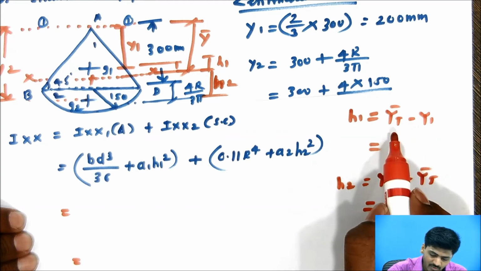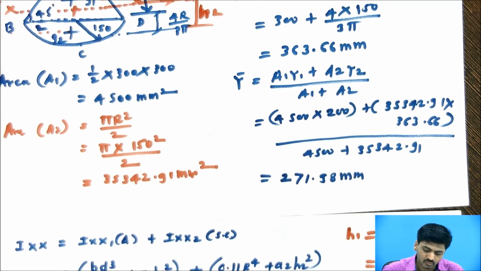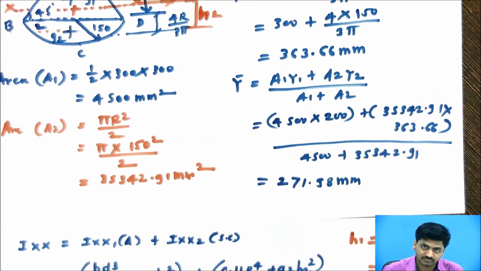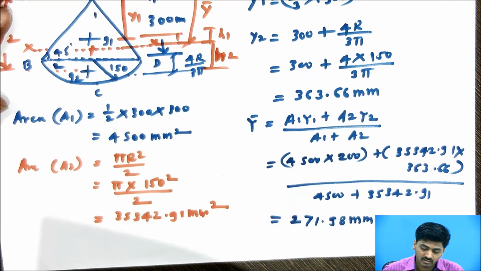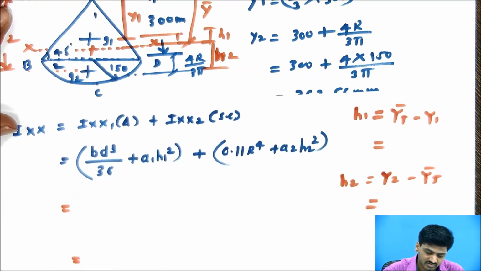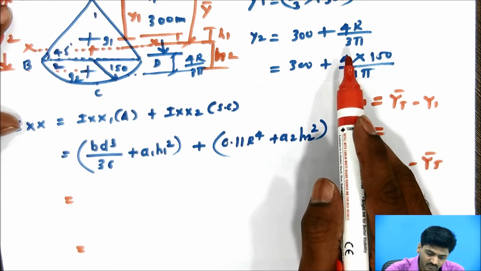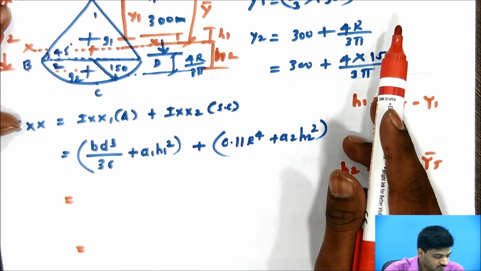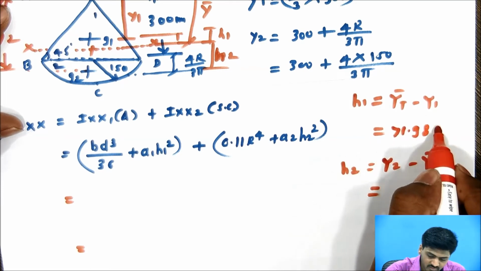So y bar from top is already calculated: 271.98. Now 271.98 minus y1, which is 200, you will get 71.98 mm.